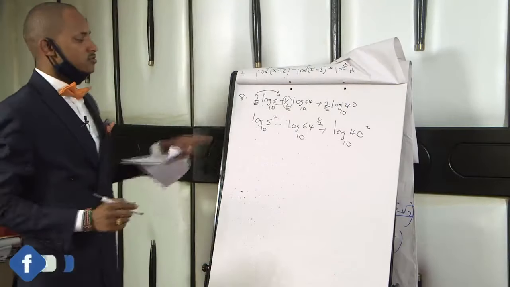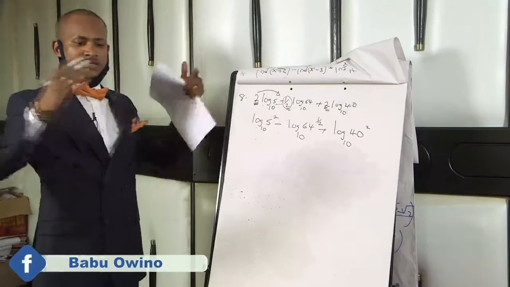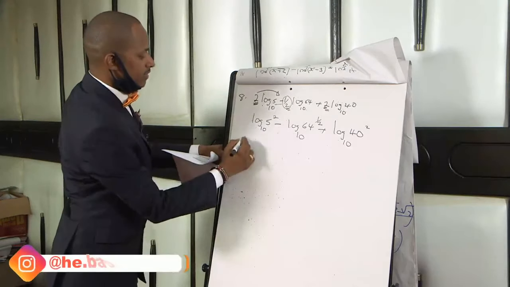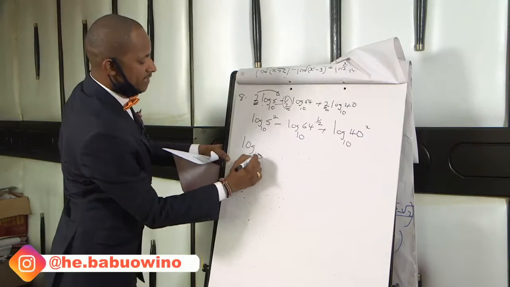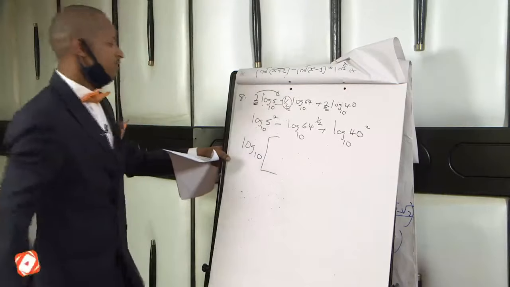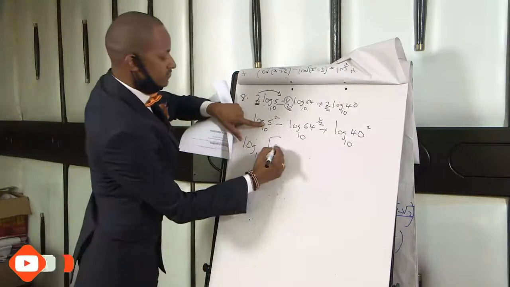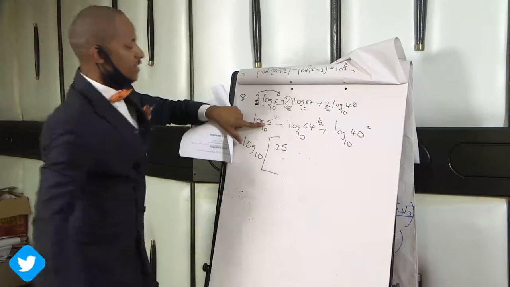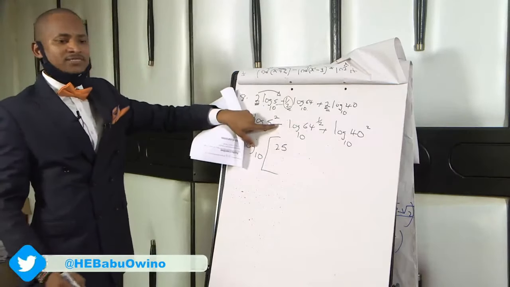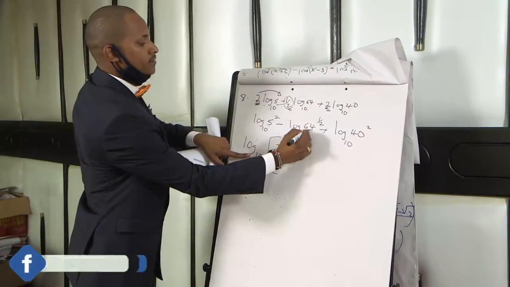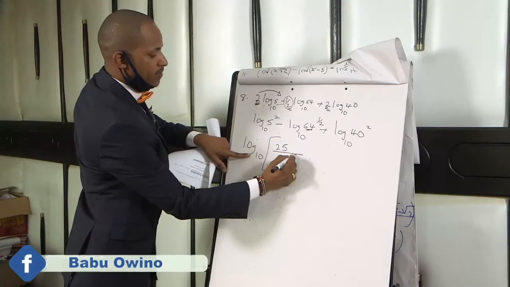Then again I told you, collect the logarithms together. So when we collect this, we will have log to base 10 only outside the bracket. Then 5 squared, which is 25. But I had told you that when you see a minus sign, because you've collected logs to base 10, you divide by 64 raised to power a half.